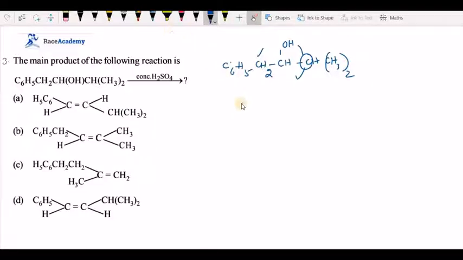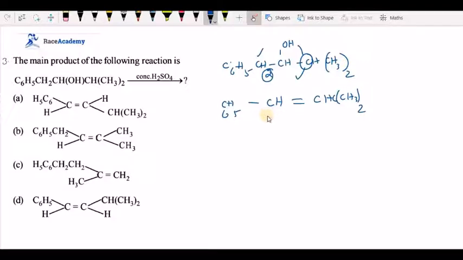So if you remove hydrogen from here, then it will be C6H5 CH double bond CH CH3, like this. This is the compound. So this is the compound obtained.